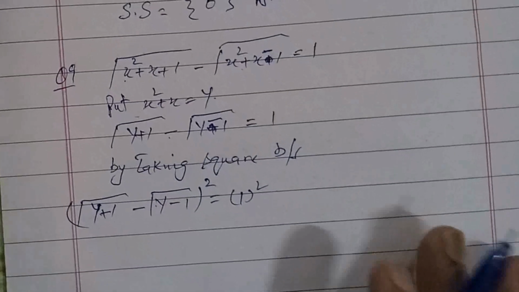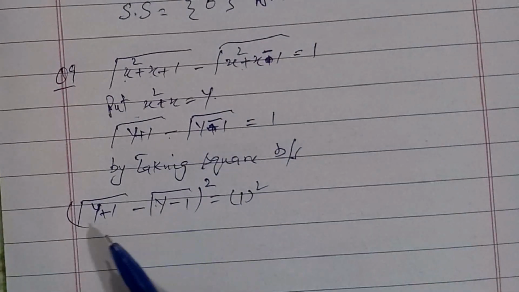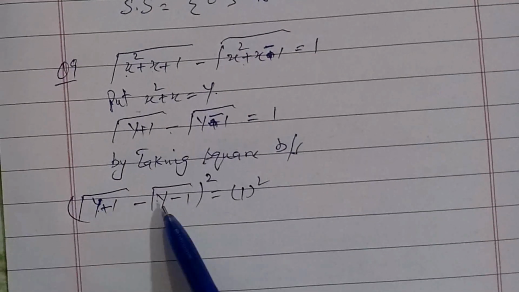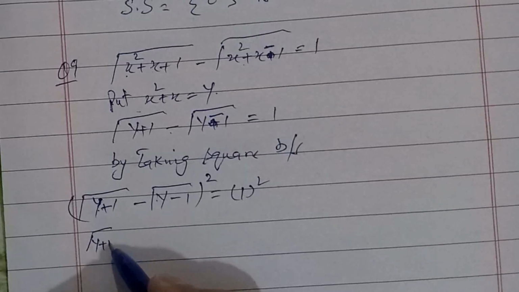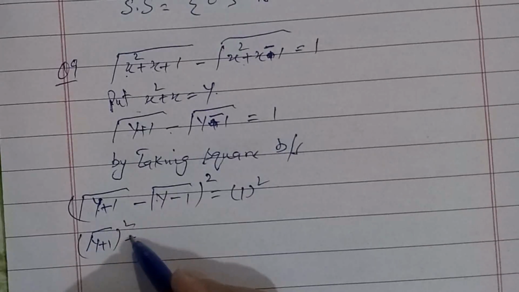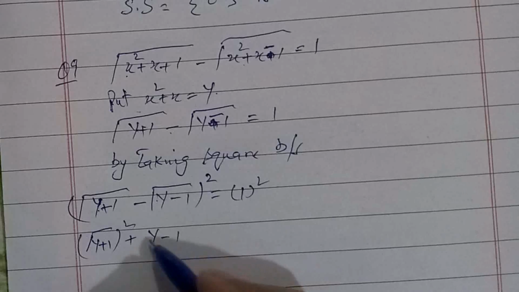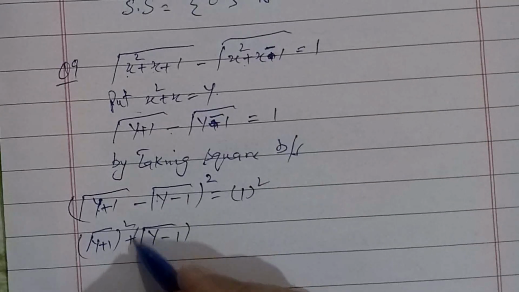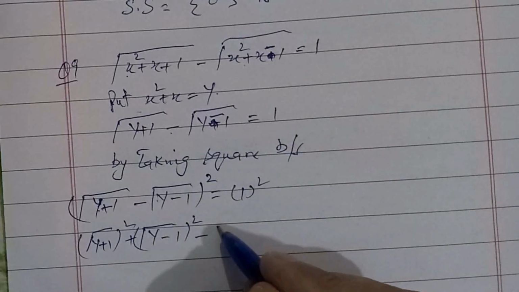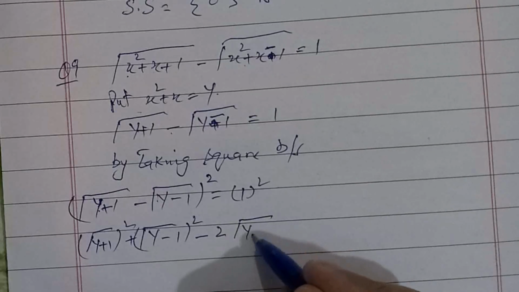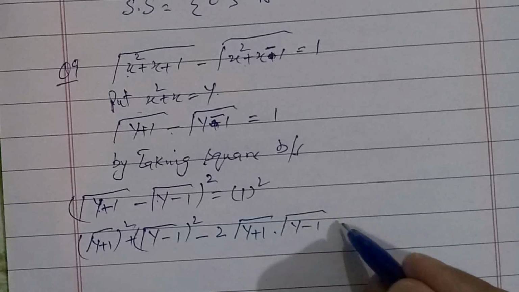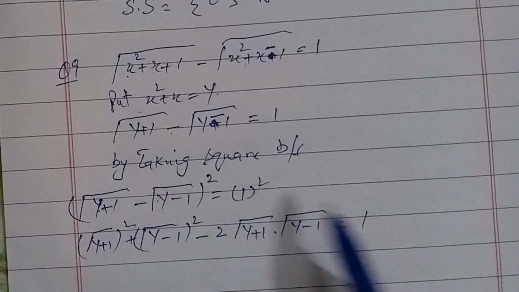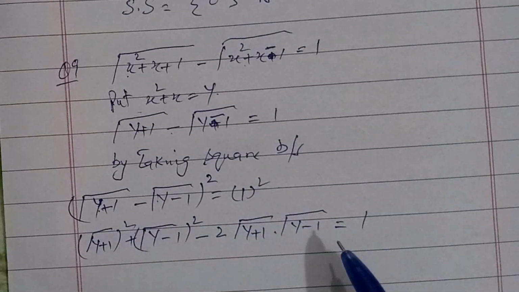Now we solve the left hand side, which is (a − b)². We get (√(y + 1))² + (√(y − 1))² − 2 times √(y + 1) into √(y − 1) = 1, as 1 square is 1. Now simplify these values.